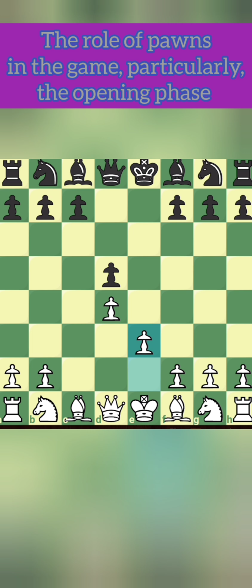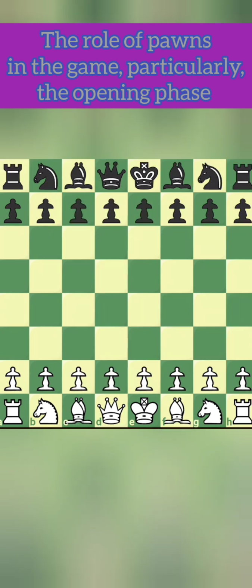This is a miniature example of the Slav defense in its most basic form. Notice the pawns on c6 and d5. If white plays d4, then c6 and d5 is a Slav defense.